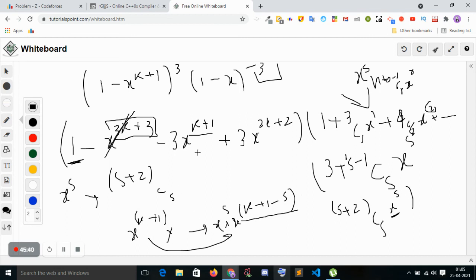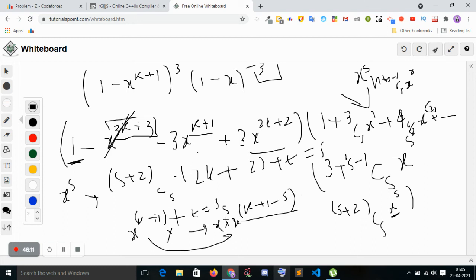So for this one we have to find the formula again. How do I get it? I have to find s plus 2, x above s. So 2k plus 2, what should be added? What should be added to t to become s, because the powers will add.